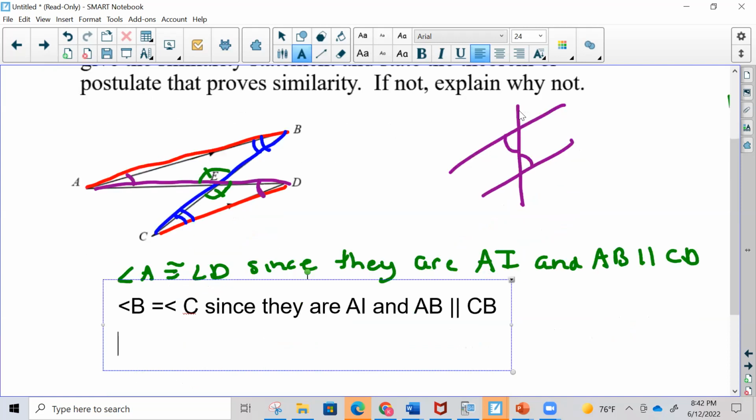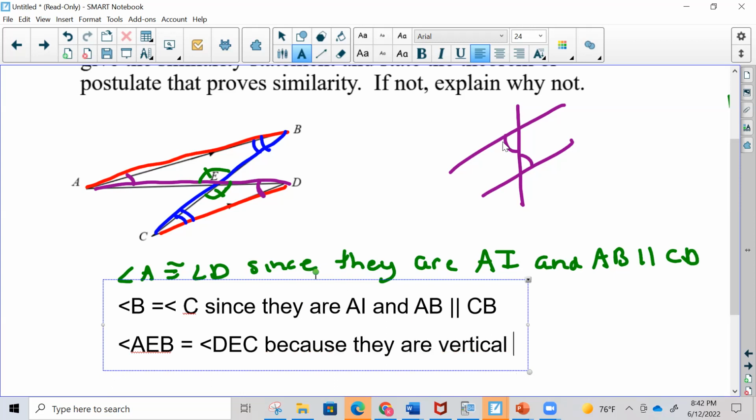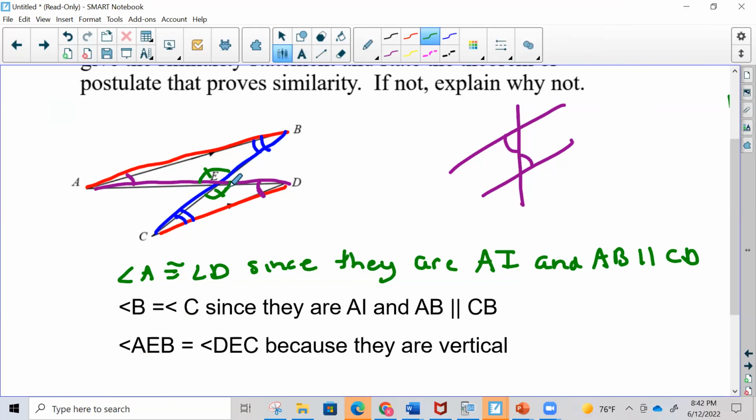And then I have to name it with 3 letters because angle E could name 4 different angles. So angle AEB is congruent to angle DEC if I match them up because they are vertical. Okay. And so therefore we have technically angle, angle, angle. We just say angle-angle.